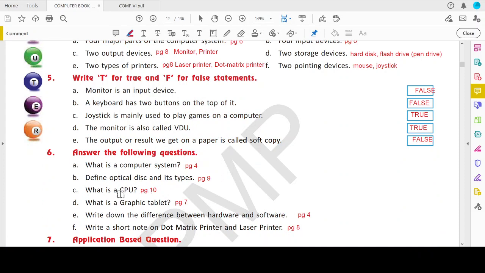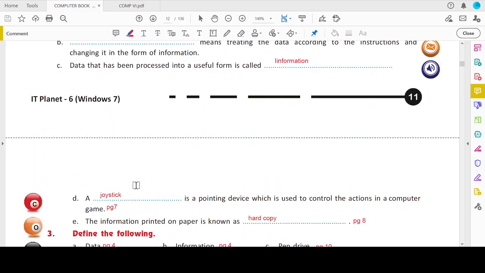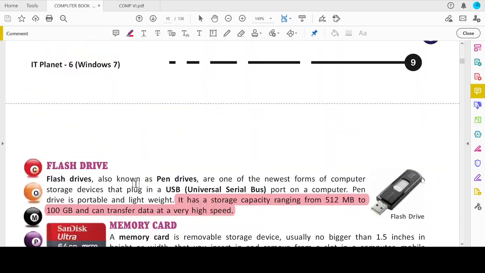What is a CPU? A CPU is the central processing unit of the computer. Let's see the answer from page number 10.